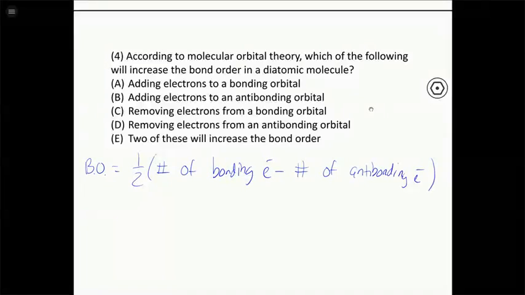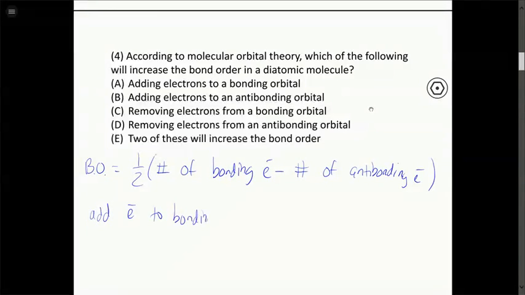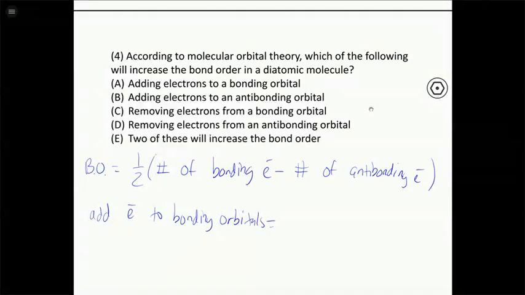So if we want to think about what happens when we add electrons to either a bonding or an anti-bonding orbital, if we add electrons to the bonding orbitals, we're increasing this part here. So every time we add 1 electron to the bonding orbitals, we're increasing the bond order by 1/2.